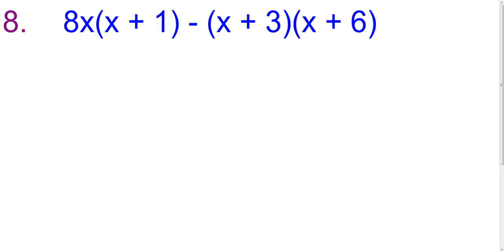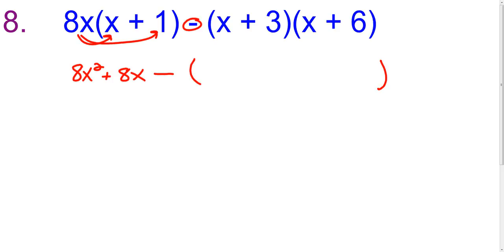And one last one, and people make a real common mistake here that I'll show you in a minute. But here we go. We have 8x times x, which would be 8x squared, and 8x times 1 is 8x, okay? Now, I'm going to ignore this minus sign for right now, but I know that I'm going to need to subtract the whole quantity of what I get when I simplify this, okay?